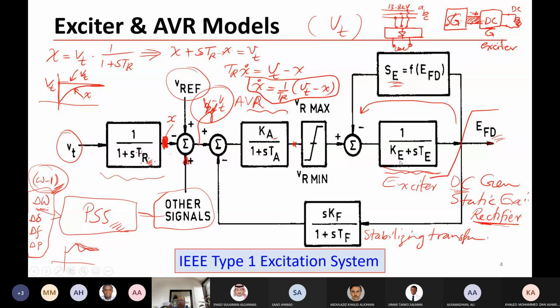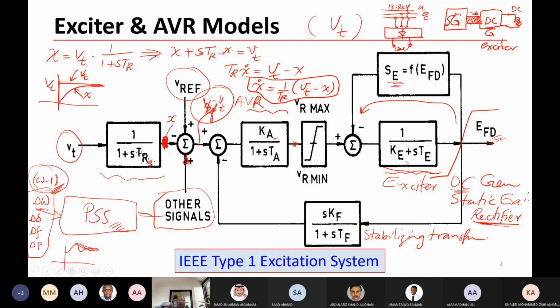You can have here KE and TE. This is for the exciter gain and time constant. This TE is maybe 0.05, something in that order. KE is a problematic element here, which is negative.